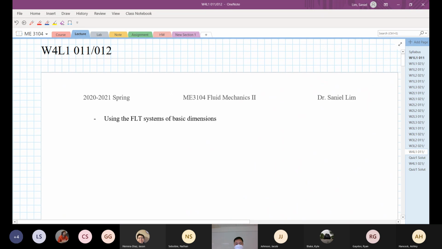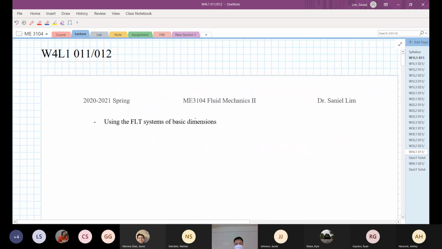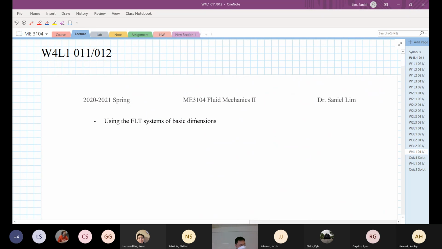Oh. It's not the FLT method. Let me just go back to my notes here. I think it's, all right, just ignore it. So now repeating.